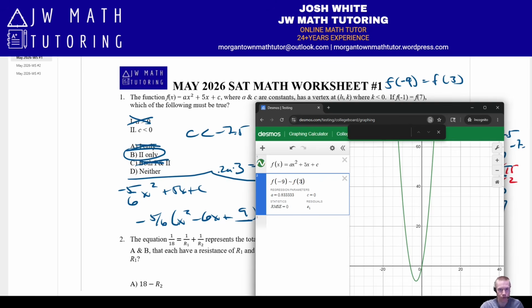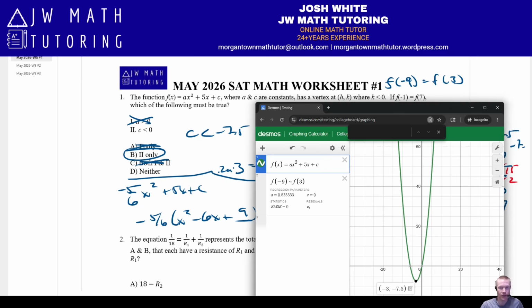Now, if you go to check on C, notice that here we have C equal to 0, which is not less than 0, but the K value, the y coordinate of the vertex, is already negative, meaning that it already meets the conditions of the problem.